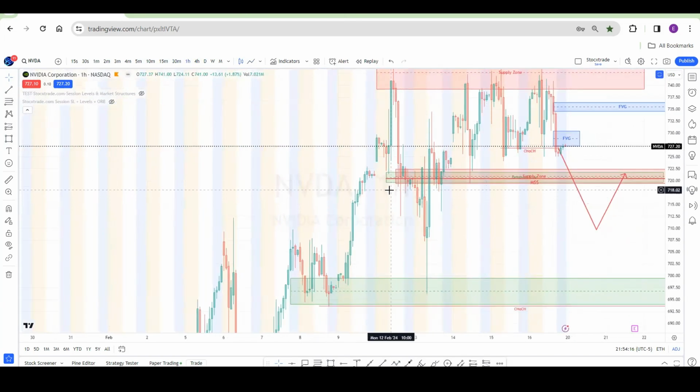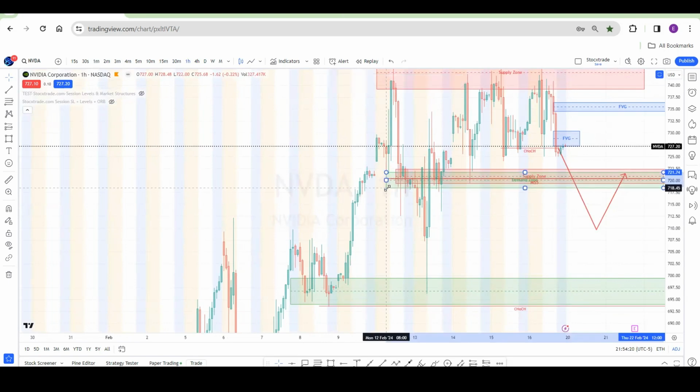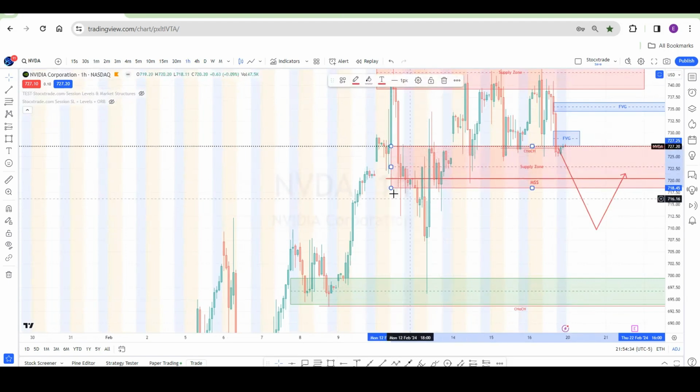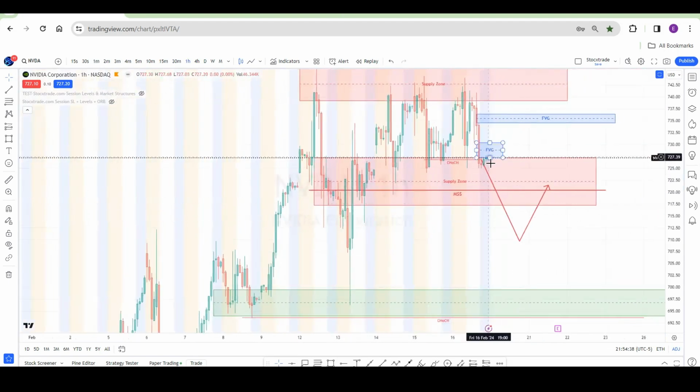The clear one is this zone, because there is the most accumulation in this area. This can be a supply zone because the wick is going up to here, and the body should close here. So we might see a market shift, then again a retest, and then the price will come up.